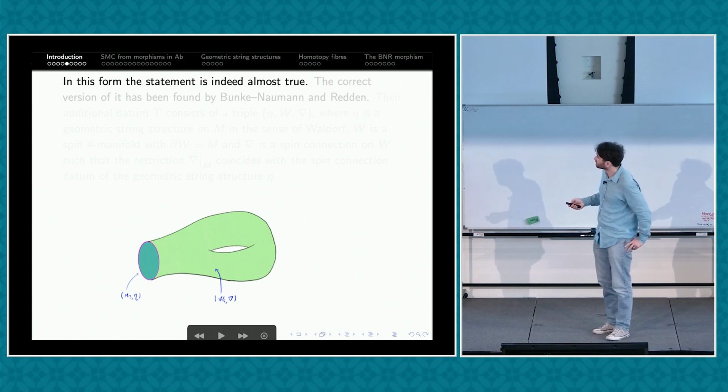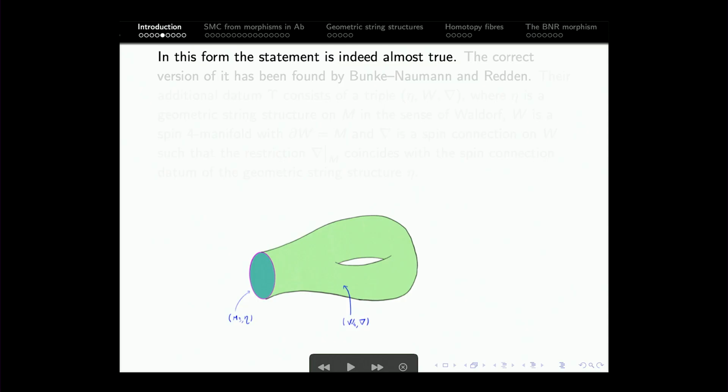So this is M. I endow the three-manifold with some additional structure. So M is a string three-manifold, so it has a topological string structure. I have to enhance it to what is called a geometric string structure, which has been introduced by Conrad.